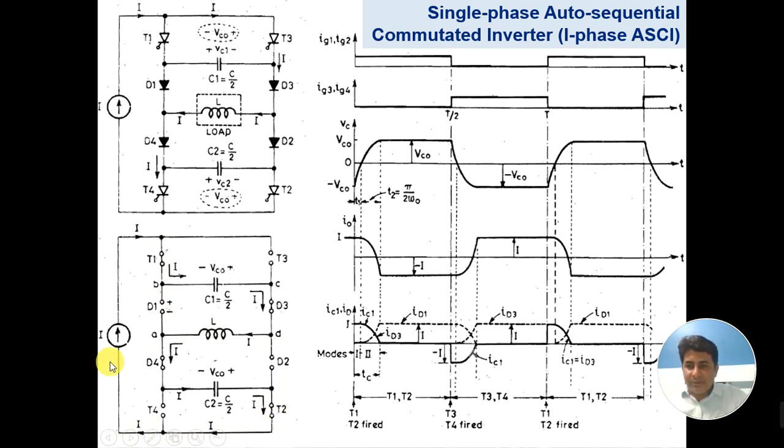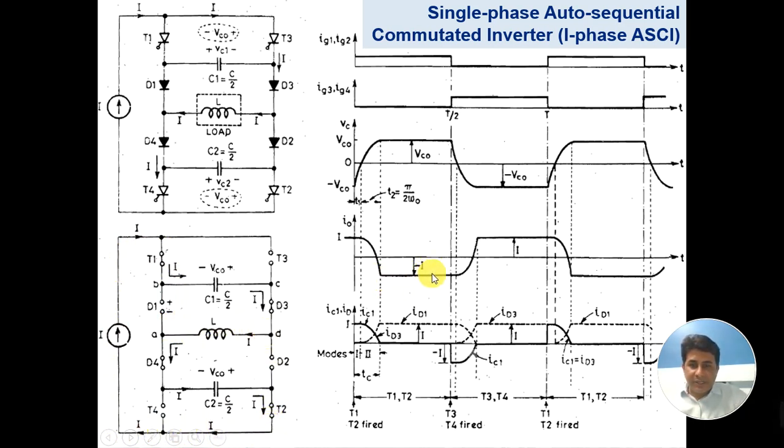So this is the ultimate direction that happens after the charging and discharging of the capacitor, and the circuit remains in this mode as long as T1 and T2 are on.